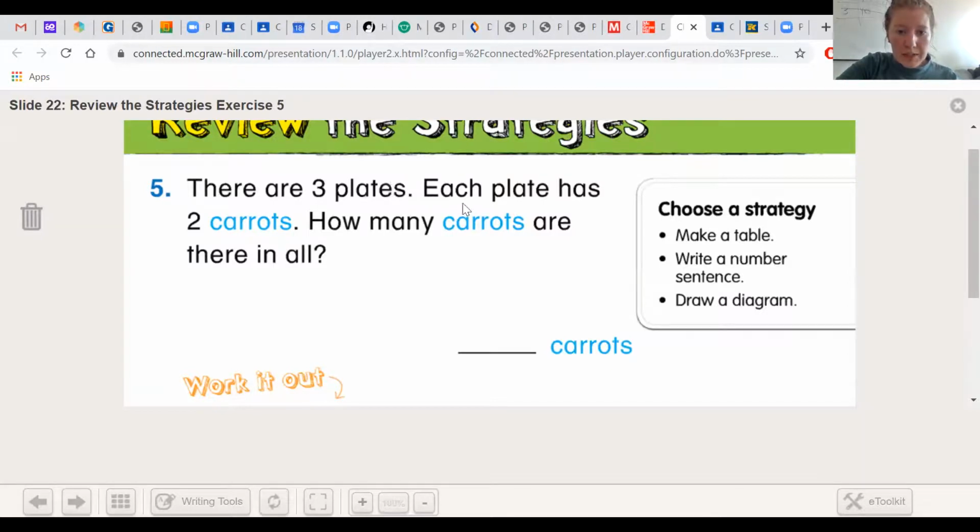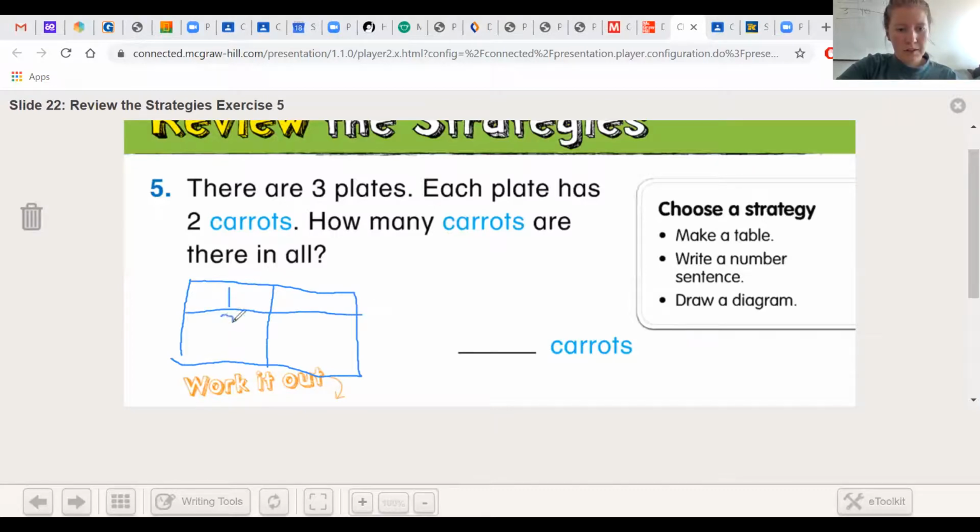There are 3 plates. Each plate has 2 carrots. How many carrots are there in all? So I'm going to draw a table for the 3 plates. Okay, here's the first plate, and I'm going to draw a line across.